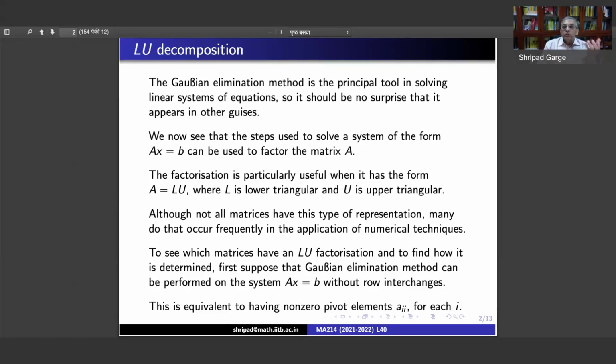So for instance, you apply the elimination of x1 and then there is the remaining part, and there the pivot element has to be non-zero. Then you apply that and then the third pivot element has to be non-zero. So at each step, the pivot element has to be non-zero. This is equivalent to having the system Ax = b being solved by Gaussian elimination without requiring any row interchange. So we again see that it's just the property of the matrix A. b doesn't really come into the picture here.